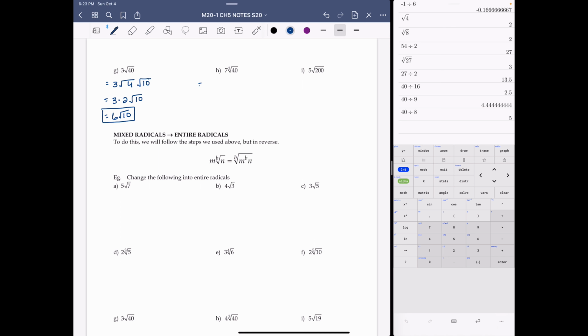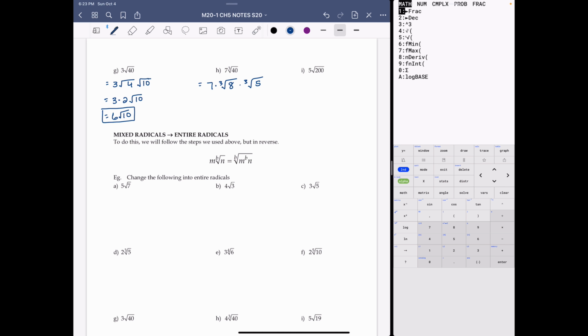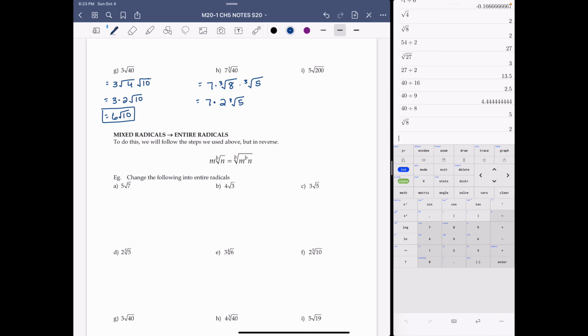This becomes 7 times the cube root of 8 times the cube root of 5. The cube root of 8, math, number 4, 8, enter. We get 7 times 2 times the cube root of 5. 7 times 2 is 14. We get 14 times the cube root of 5.